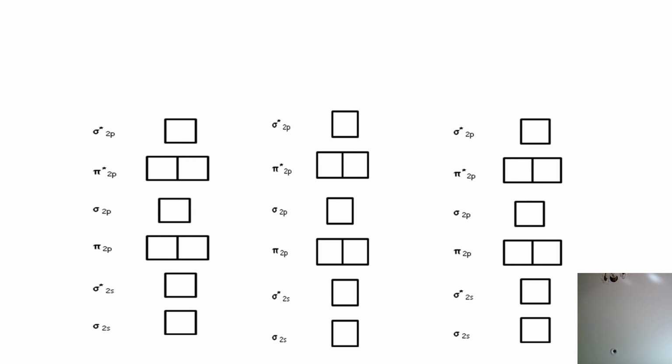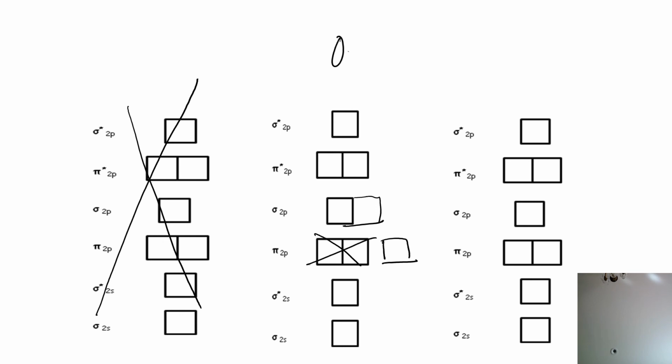I don't know if the right one is on here, so I'm just going to eliminate this and modify it, because there is a change in the order of the molecular orbitals once we hit O2 and F2, and I'm not sure it's on the next page, so I don't want to flip forward in the event I don't have the right one here.